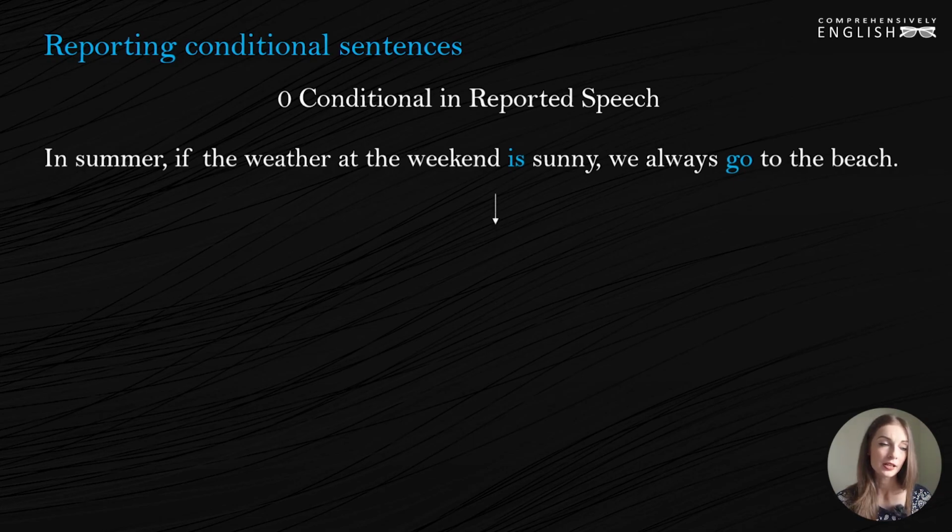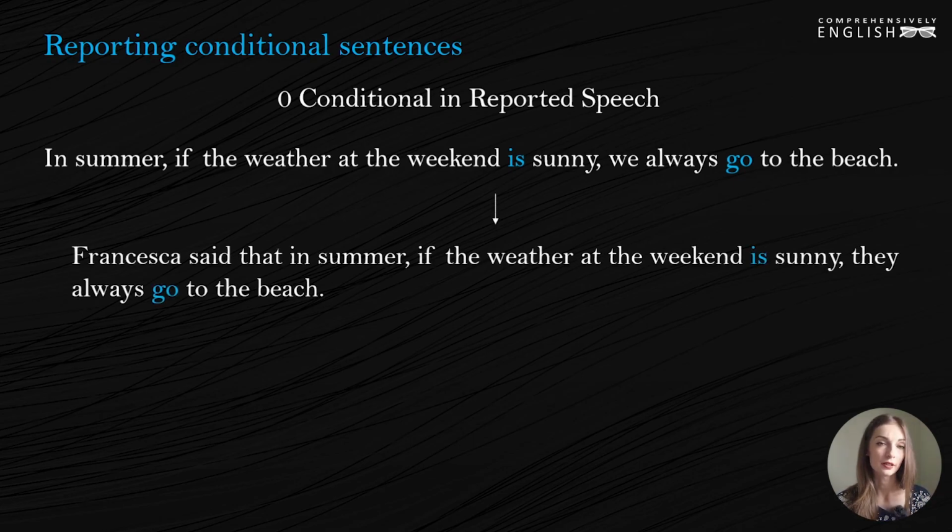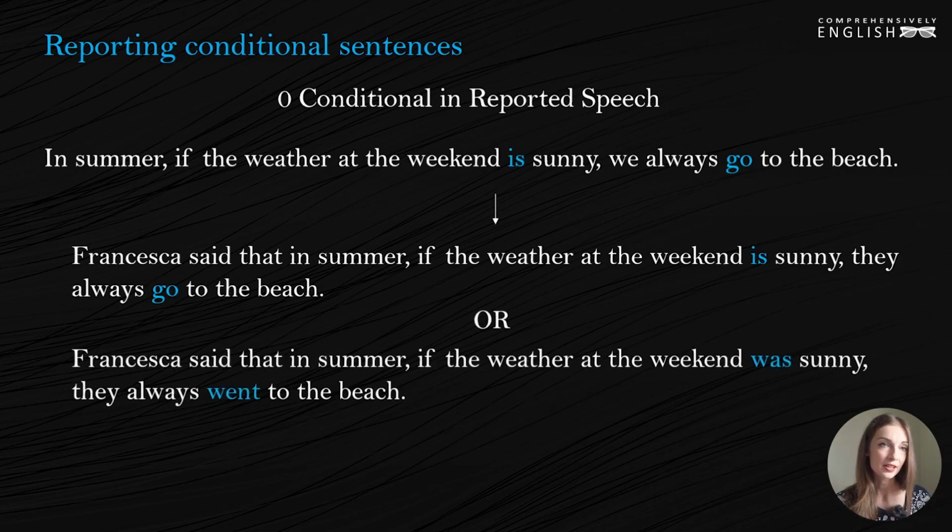This conditional sentence can be reported this way. Francesca said that in summer, if the weather at the weekend is sunny, they always go to the beach. So we can leave the tenses unchanged. Or we can say this. Francesca said that in summer, if the weather at the weekend was sunny, they always went to the beach.